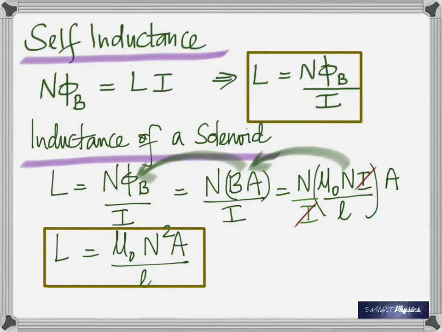Is that clear enough? So be careful when you have iron or when you have another material, you are going to have this formula as mu naught times mu r times n squared A by the length. So write it that way and then say mu r for air is, hello, what's mu r for air? 1.